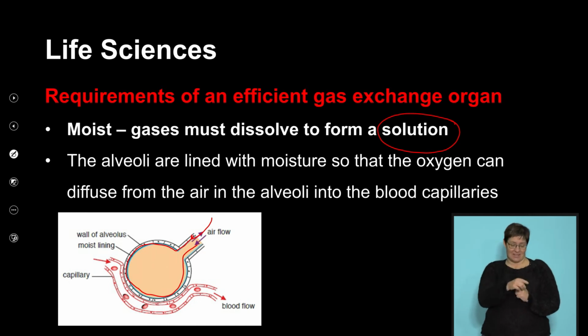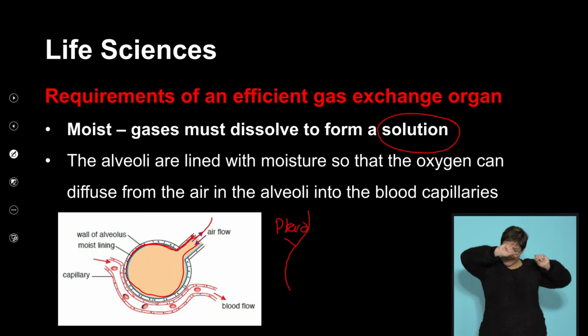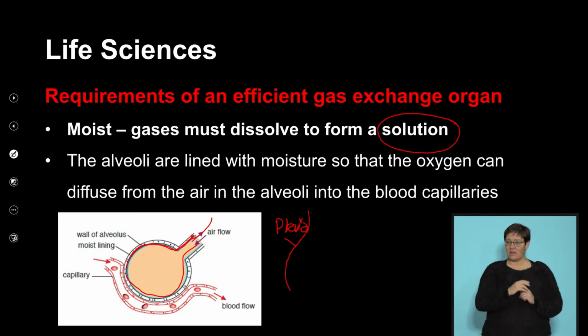Now, not only is the oxygen here going to dissolve in water, but when we looked at the lungs, can you remember they had a pleural layer? P-L-E-U-R-A-L. Okay, and what we had was a little bit of fluid over here.